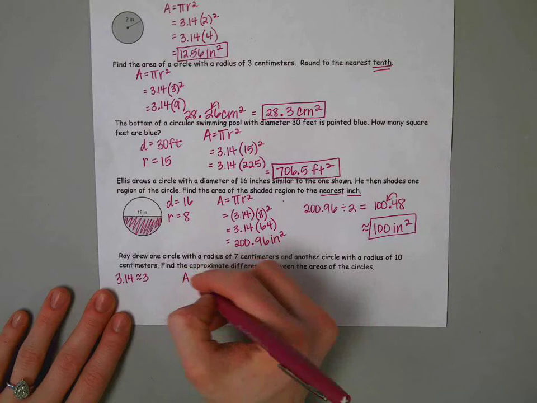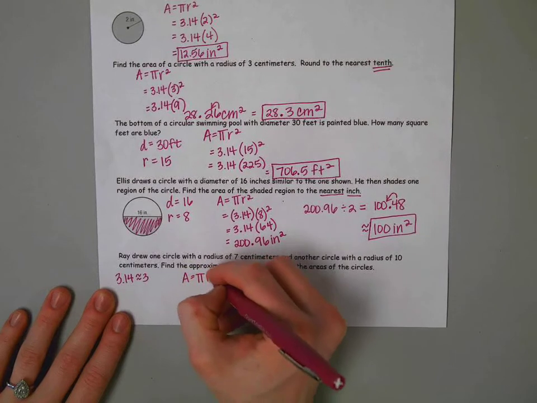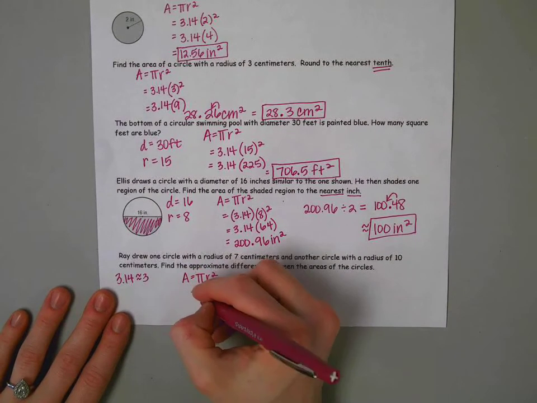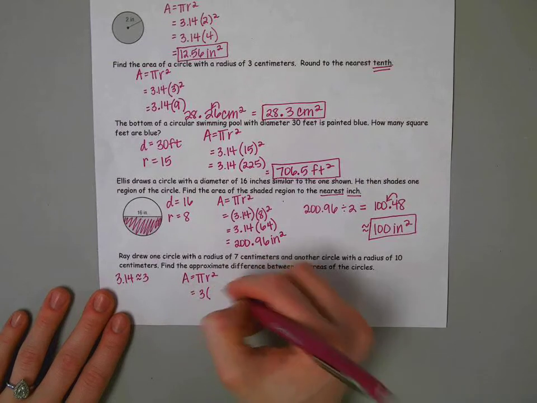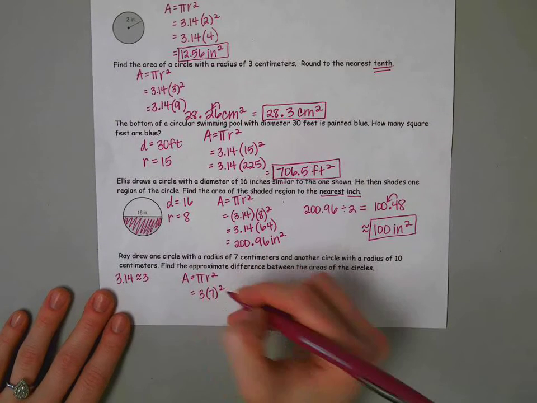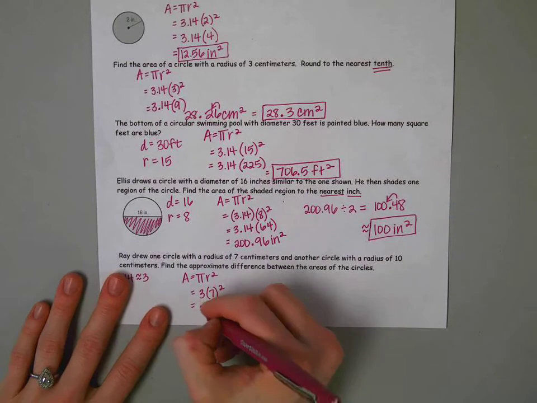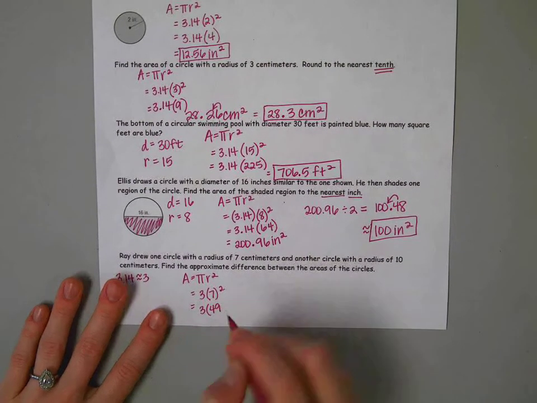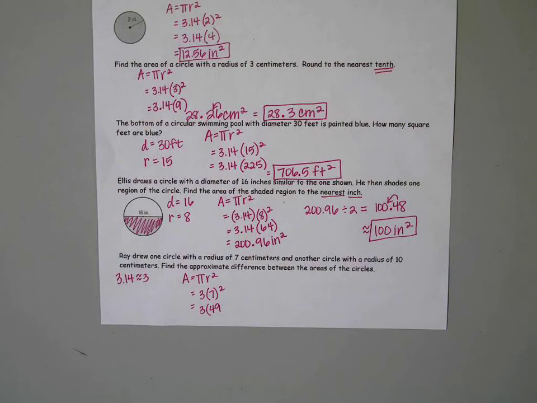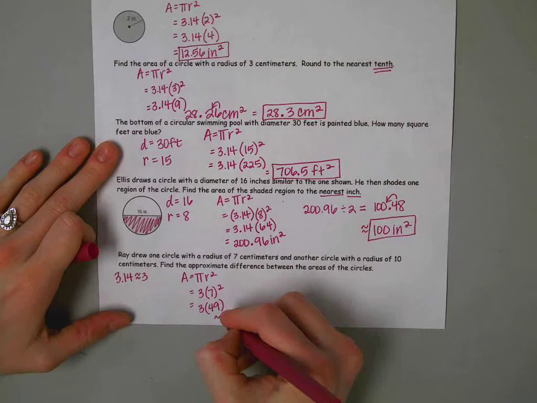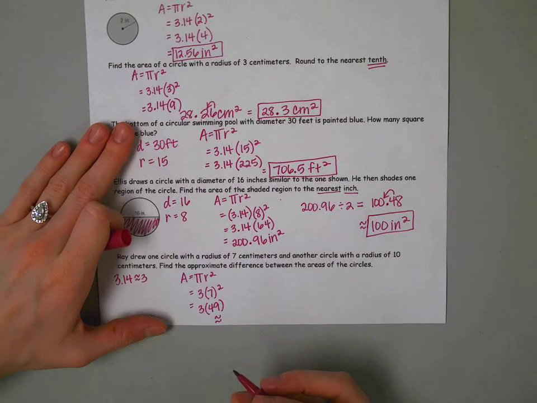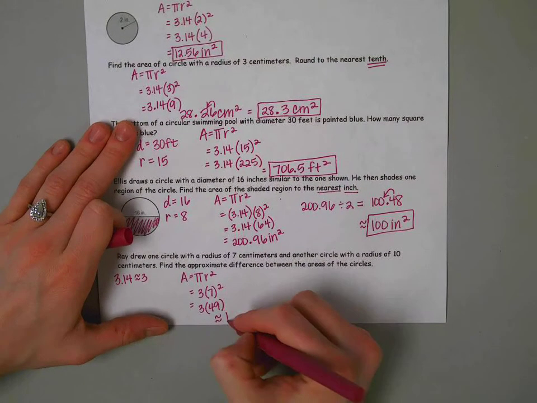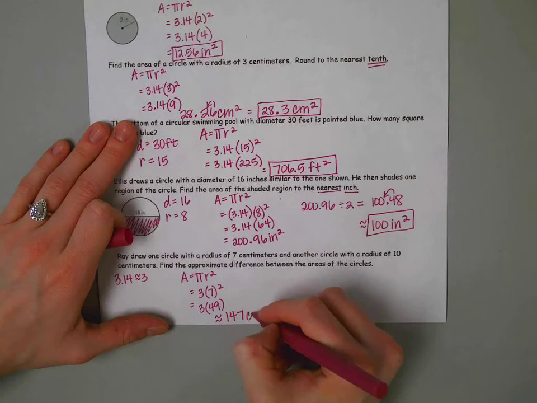The approximate area of the first one would be 3 times 7 squared. Okay? So that would be 3 times 49. When we multiply 3 times 49, we end up getting 147. So the approximate area of this first circle is 147 centimeters squared.